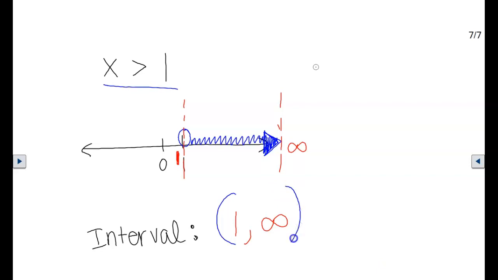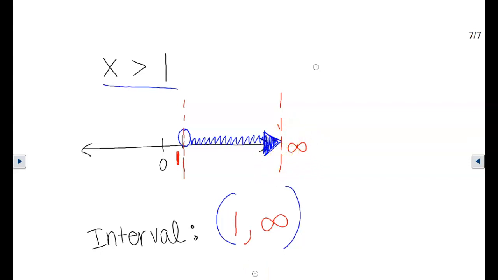So always with infinity, for that reason, you will use parentheses. Because whatever you imagine infinity to be, there's always something bigger. There's always something beyond it. There's infinity plus 1 or infinity plus infinity. So with infinity, you will always use parentheses because you can't be equal to infinity.